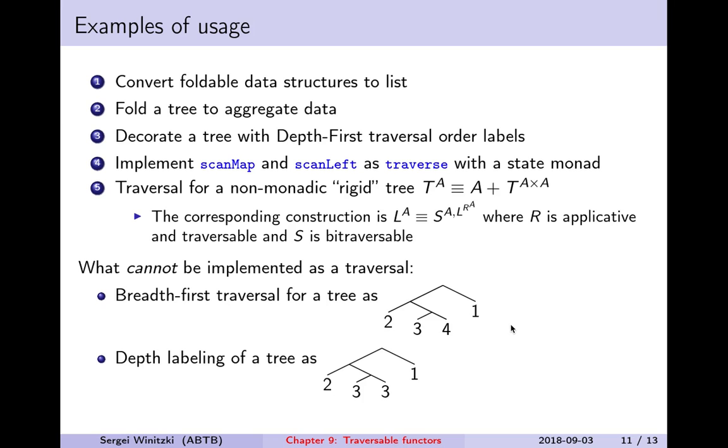Certainly, the standard way of implementing breadth-first traversal is to use a queue, where you enqueue each node, and then you enqueue its two children, and then you dequeue, and as you dequeue, you enqueue more. So that can be certainly done in a state monad, that computation. But the problem is you need a traversal which recreates the original structure.